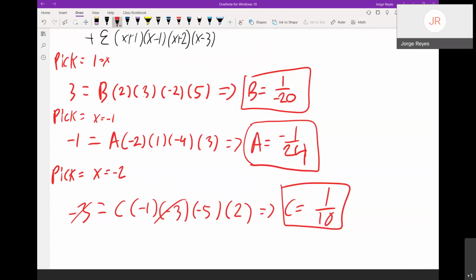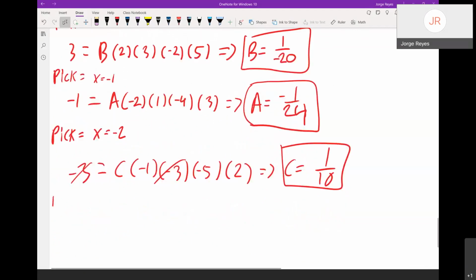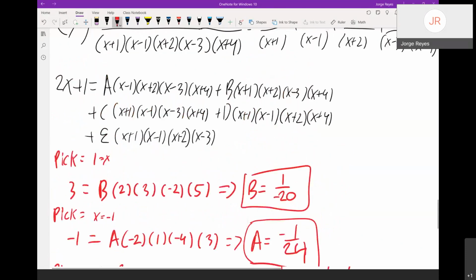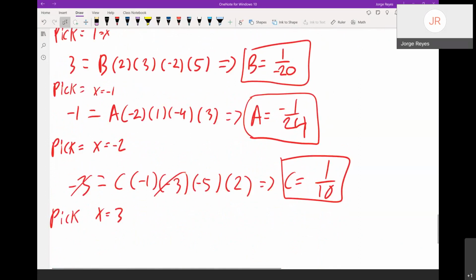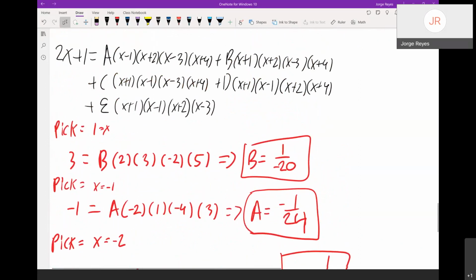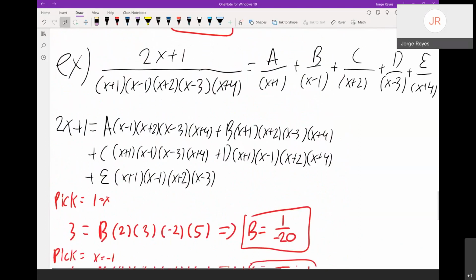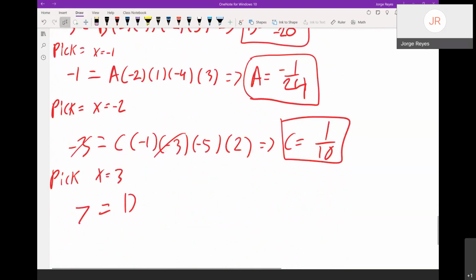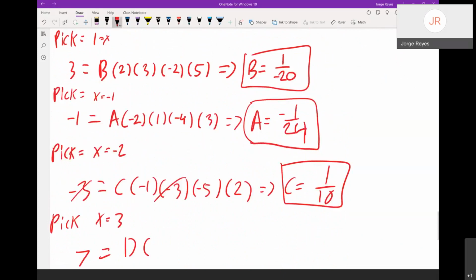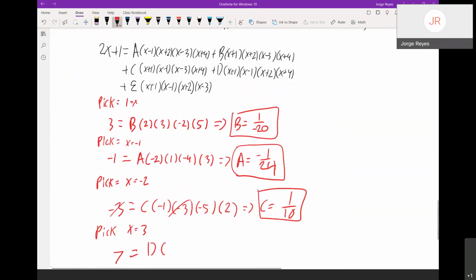So then pick x equals, I think this one should just be 3. So with 3, we're going to get 6 plus 1, so we're going to get 7 over here. And then I think D. I'm going to zoom out here a little bit.